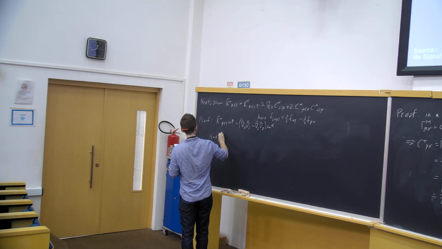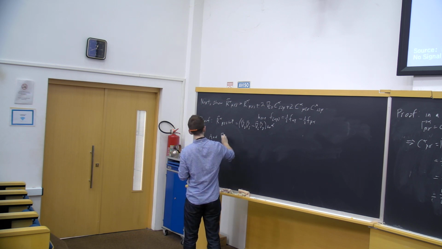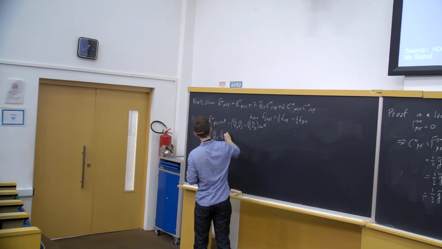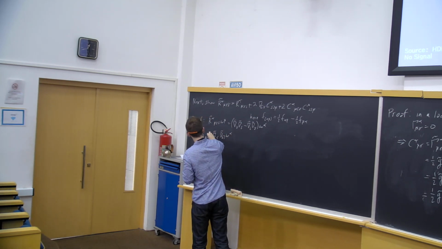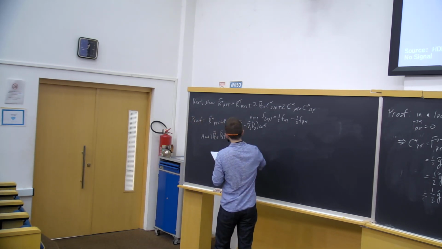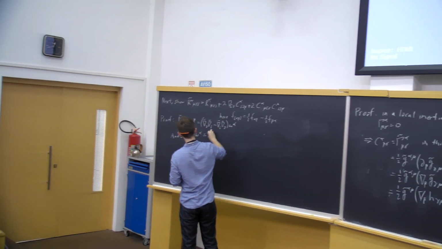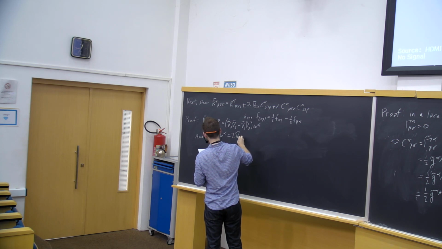And we can write the commutator in terms of the background covariant derivative, and that's C.